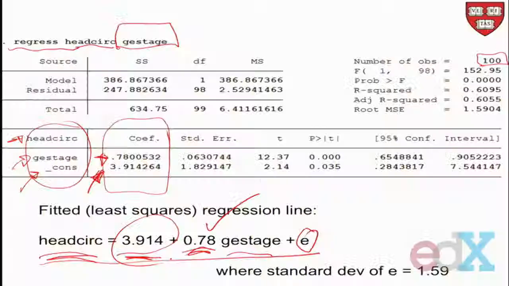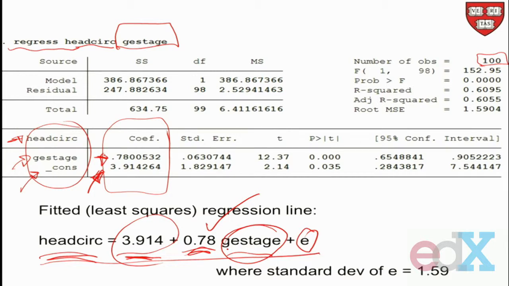So a zero gestational age doesn't make any sense. We're way beyond our experimental region, so we don't want to do that. We're just assuming linearity within our experimental region. So we look at gestational age and we look at where we are in the experiment. And this is good general advice: be very careful when you extend yourself beyond the experimental region.